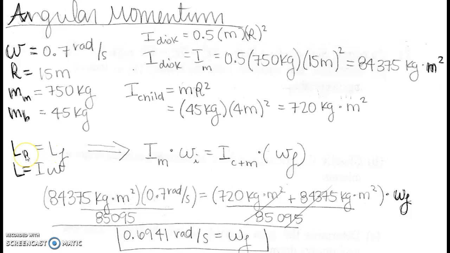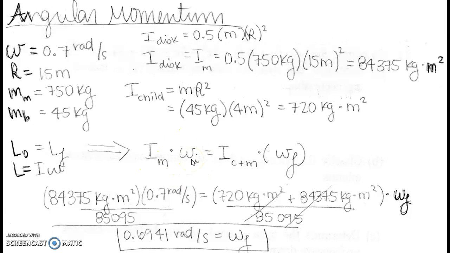To find the angular momentum of this system, we have to multiply the inertia times the angular velocity. So we would multiply the inertia of the merry-go-round times the initial angular velocity of the merry-go-round. This is the initial portion of the system, so that's without the child on it.